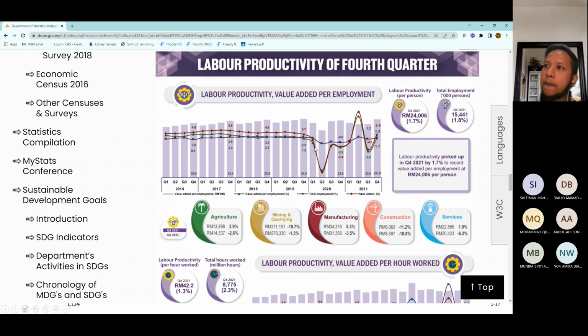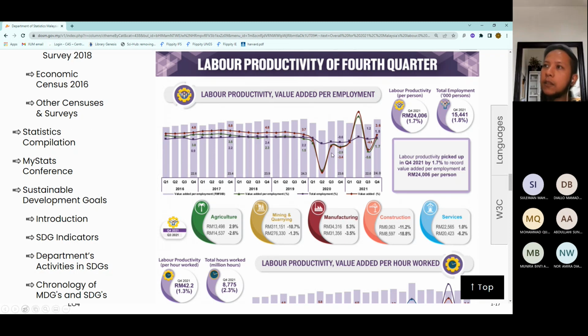If you look at the blue line here, no, sorry, this is not representing sectors, this is representing the total employment. So the employment level is similar, but in terms of the value added, during 2020 it reduced. This was because of the lockdown.